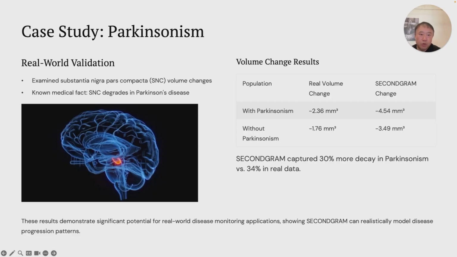So we extract patients in this particular setting. We have this follow-up data. We found patients with both initial and follow-up scans and separated them into two cohorts. One has this condition, Parkinsonism. We have a very small portion of them, 107.